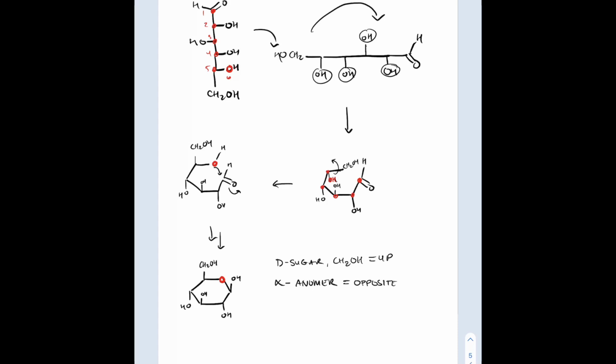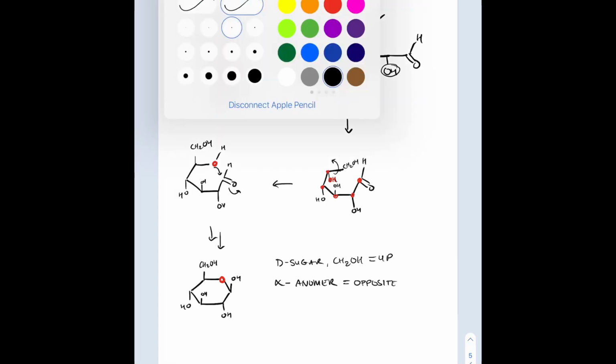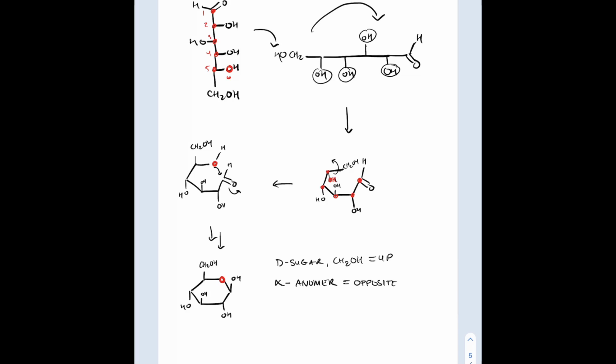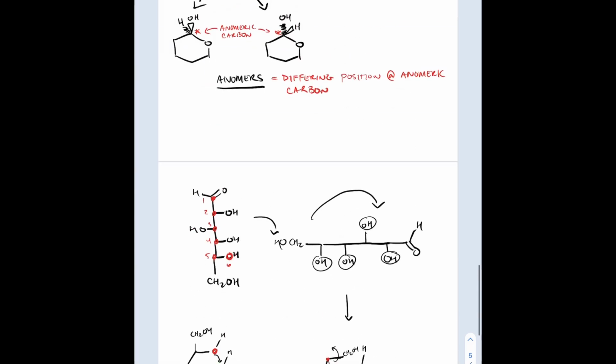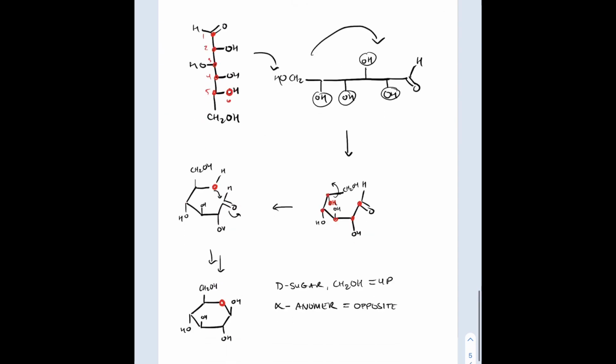The alpha anomer is going to be opposite, which means the beta anomer is going to be on the same side. Another way to state that is the alpha anomer is trans, and the beta anomer is cis. Okay.